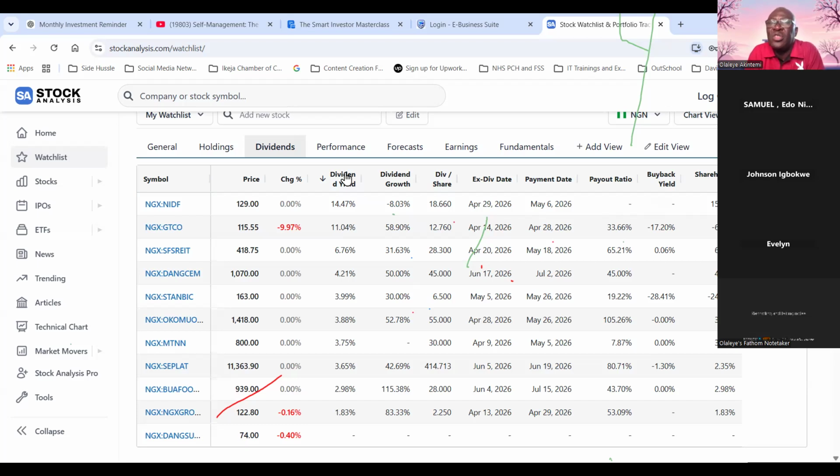Because if a company is paying you dividend yield of maybe 1%, 1.2%, which translates to maybe 70 kobo per unit, even if you buy a share, let's say you buy a share for 20 naira, and they are now paying you dividend per share of 30 kobo, it doesn't make sense. It doesn't make sense. I wouldn't know why people buy shares or stocks that pay them dividend in kobo.